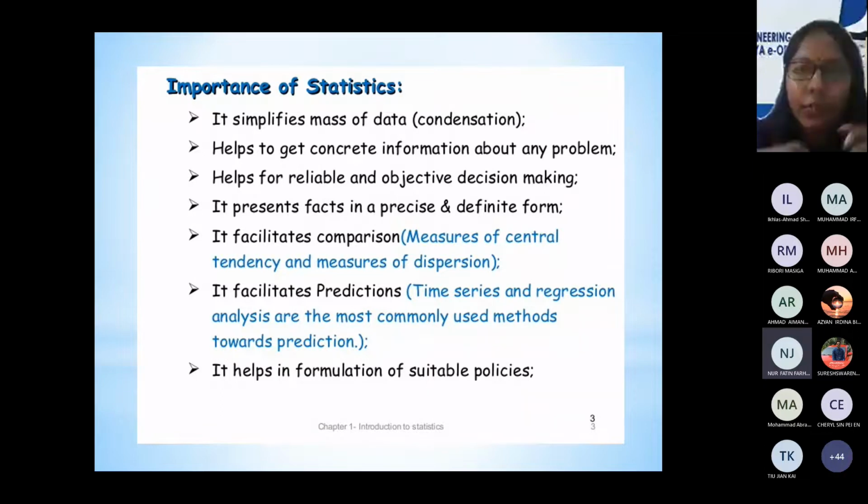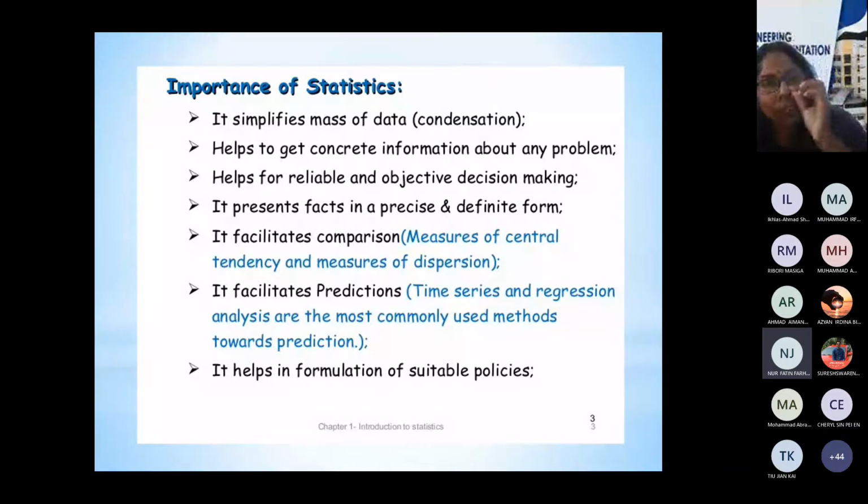And then it gives you the information, and it helps you make reliable and objective decisions. For example, if I have 5 products that I want to sell, but my resources are very little, and I have to find out which one I should produce more so that I can get more return and build my finance.